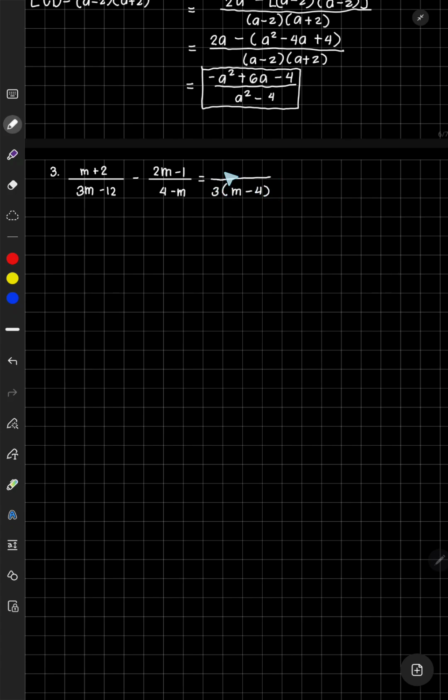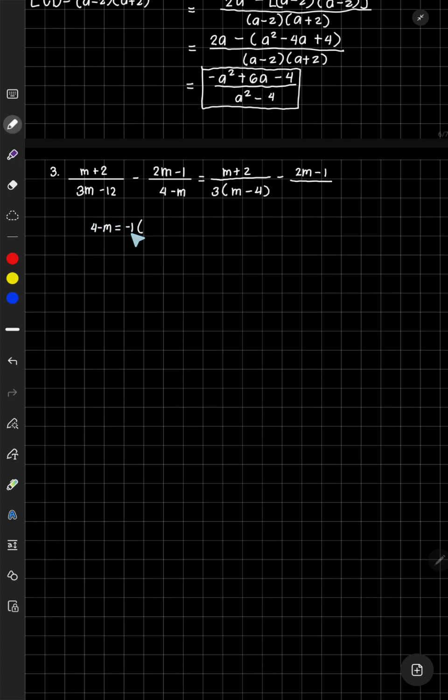So at the numerator, just copy m plus 2. So minus, we have 2m minus 1 divided by, so for 4 minus m, we can rewrite that to m minus 4, but we have to factor out negative. So factor out the negative 1.